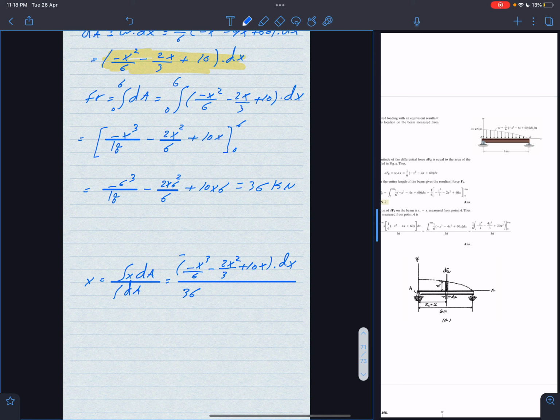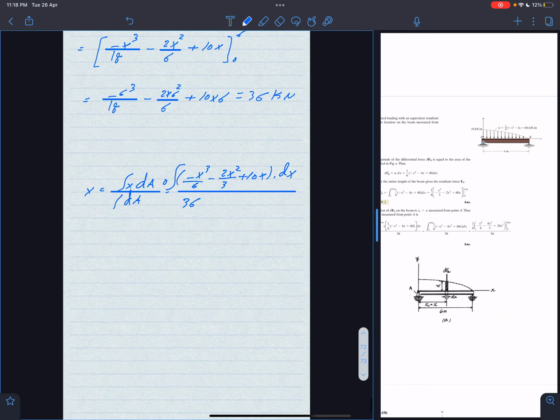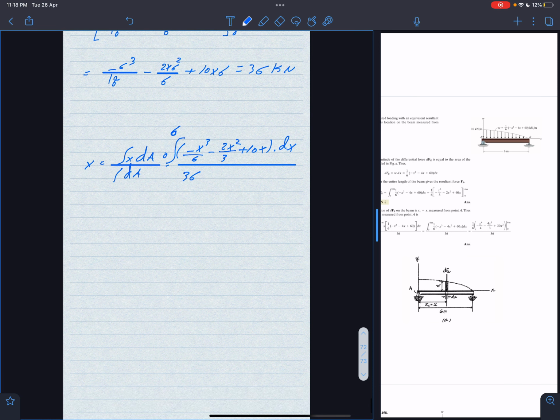Okay, again it's going to be integral from 0 to a distance of 6. So let's integrate.